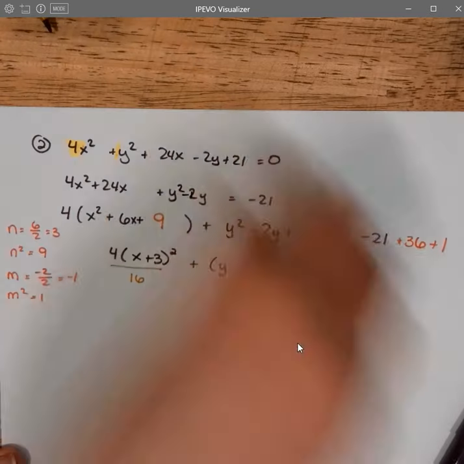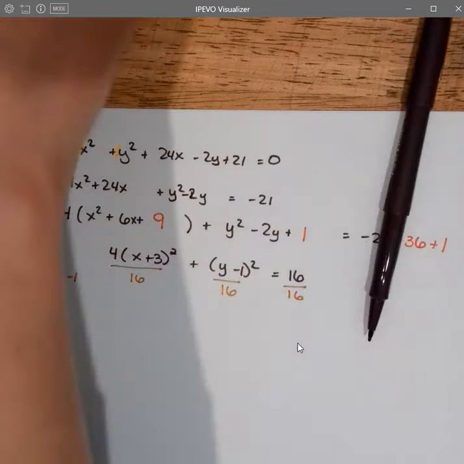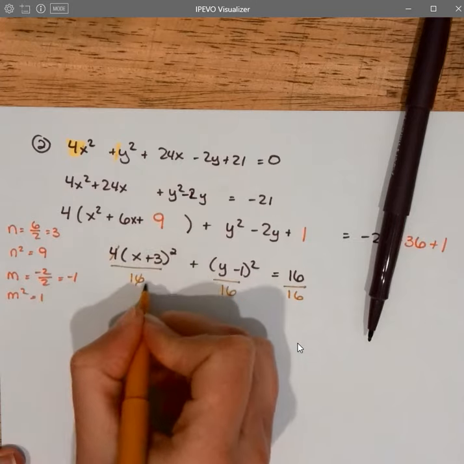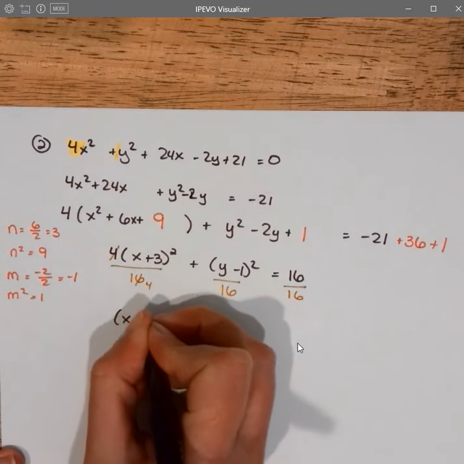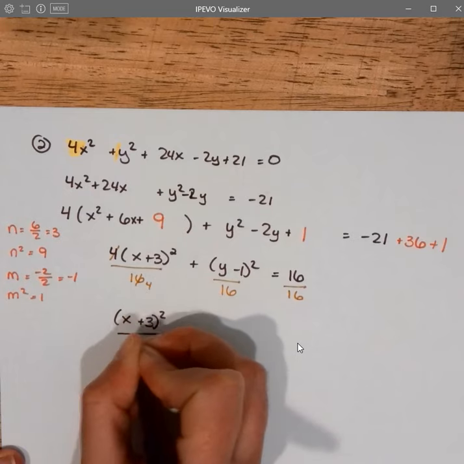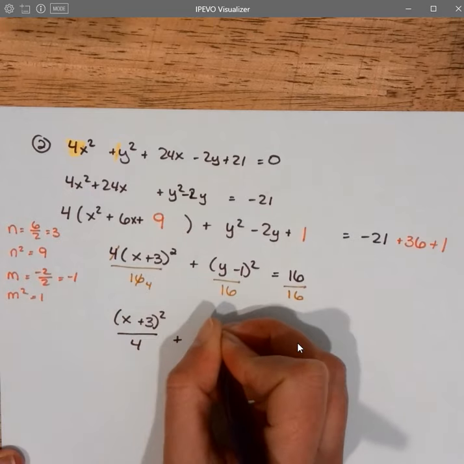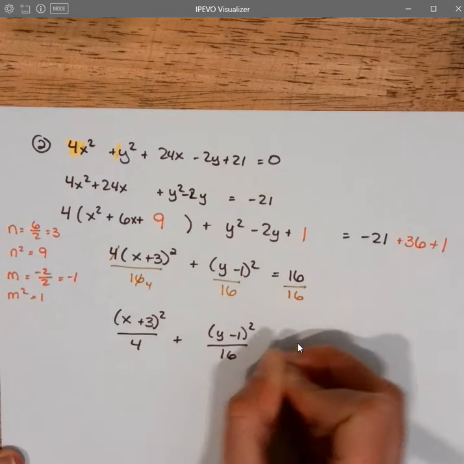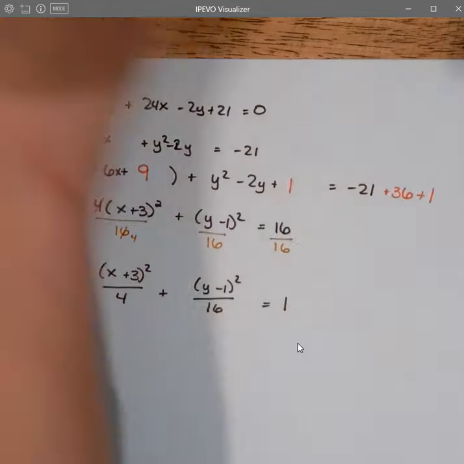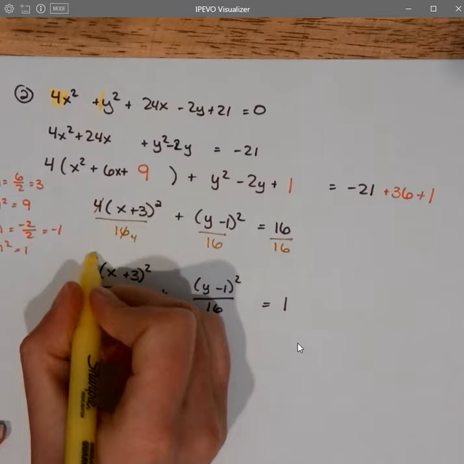All right, so I need it to equal 1. And so on this side, our 4 and our 16 reduce. So I have x plus 3 squared over 4 plus y minus 1 squared over 16 equals 1. Okay, this is now in standard form for the ellipse.